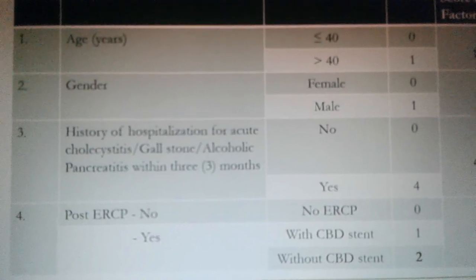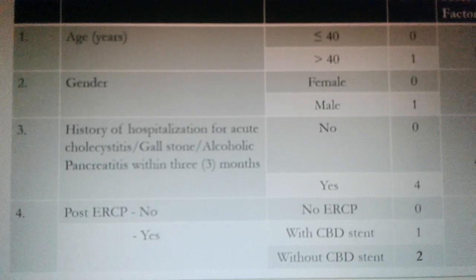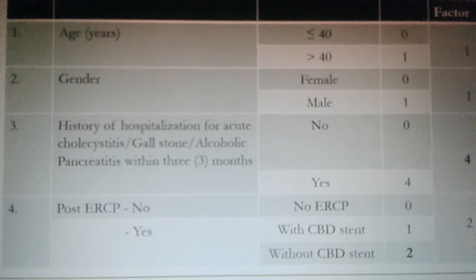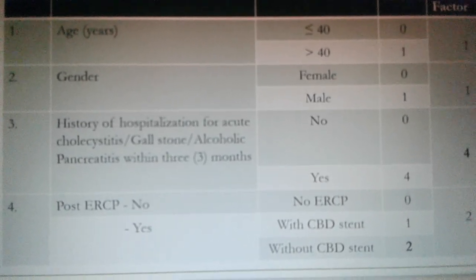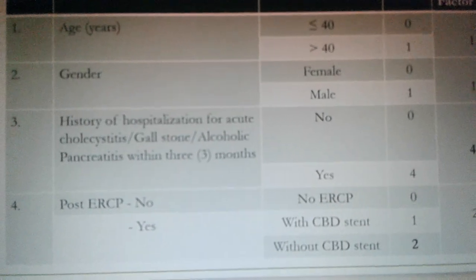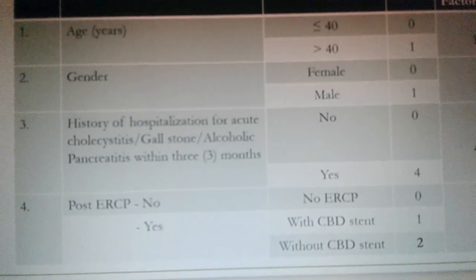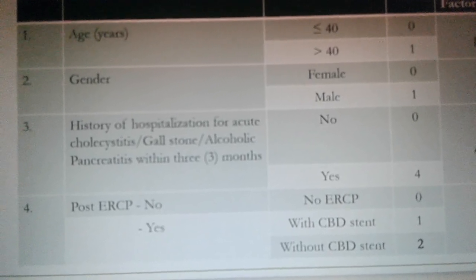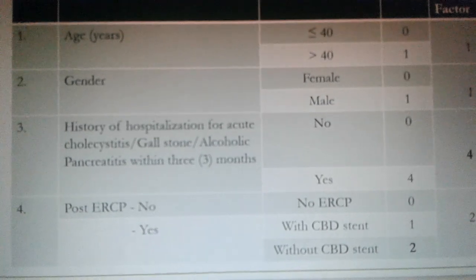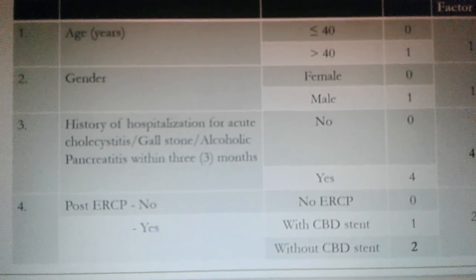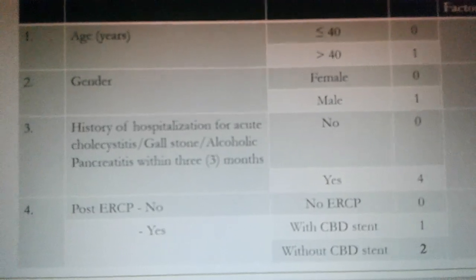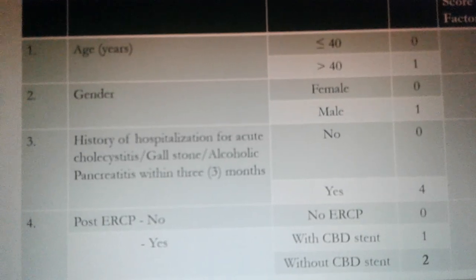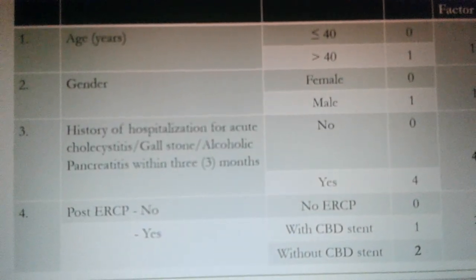And the fourth factor is whether a patient is a post ERCP patient, yes or no, and if yes, whether the patient has a CBD stent after sphincterotomy or only sphincterotomy without any CBD stent for associated CBD disease. So these are the 4 important factors. On history we can get all this information.